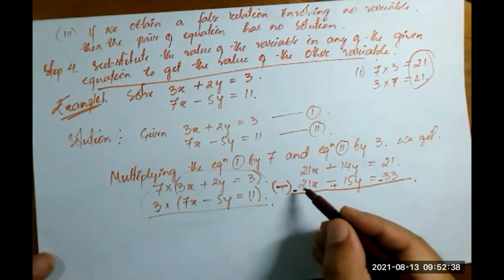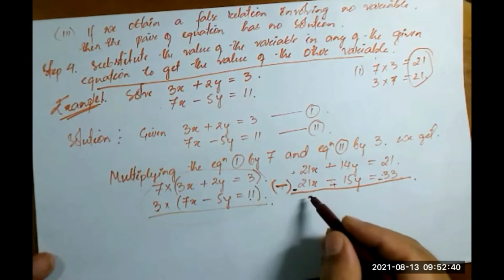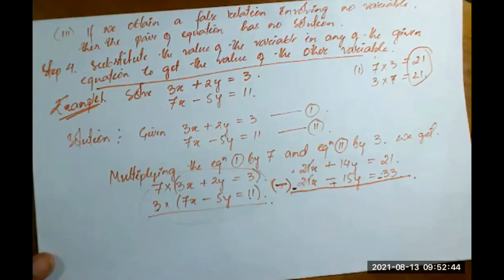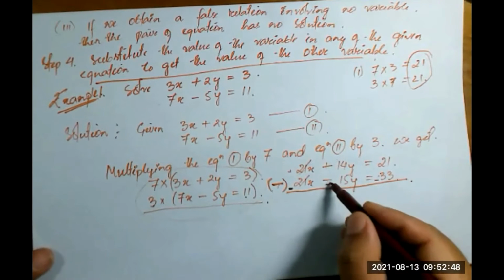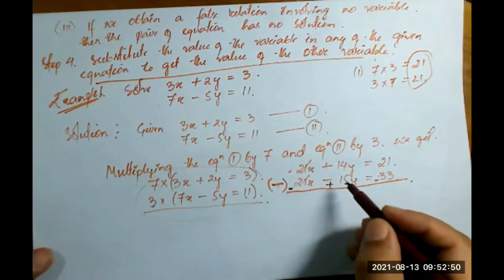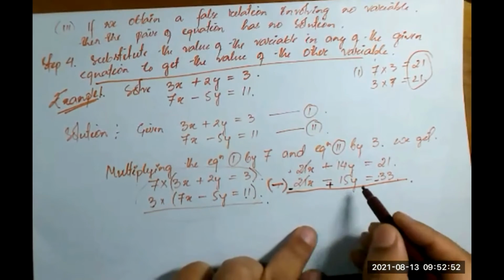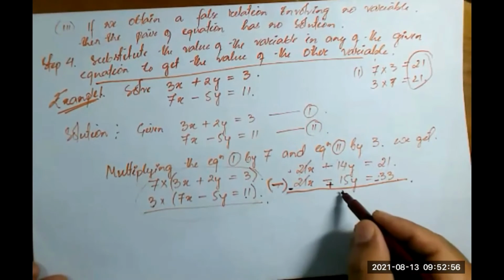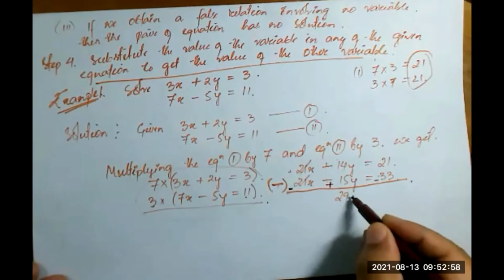So since this is plus minus and the value is equal, these two can be cancelled. These two can be eliminated now. So this becomes plus, plus and plus is plus, right? And 14 plus 15 is 29.